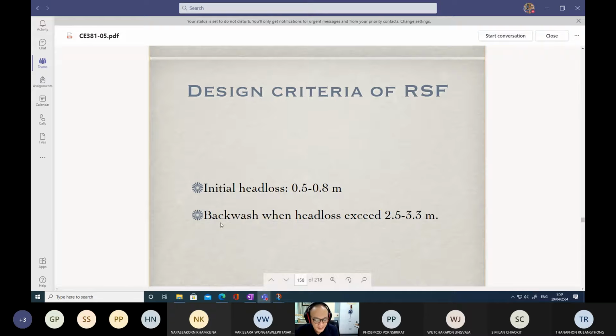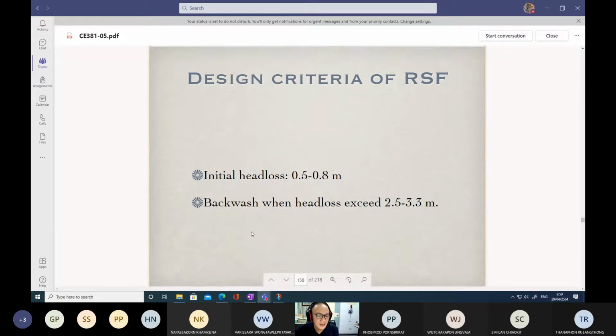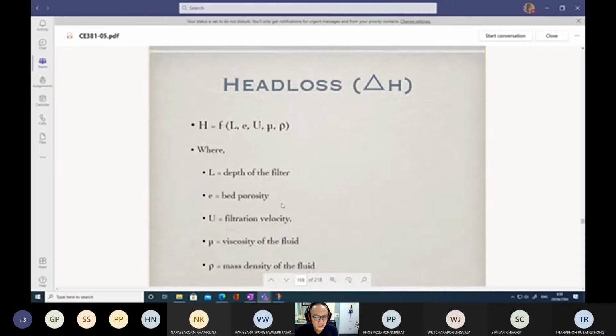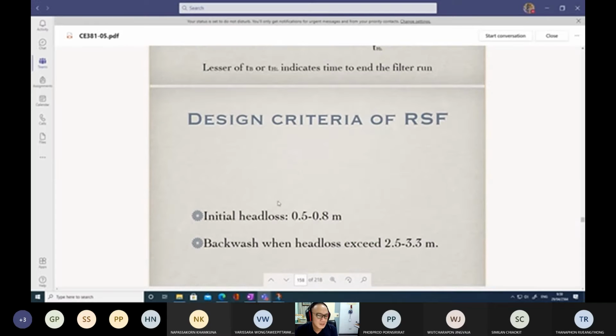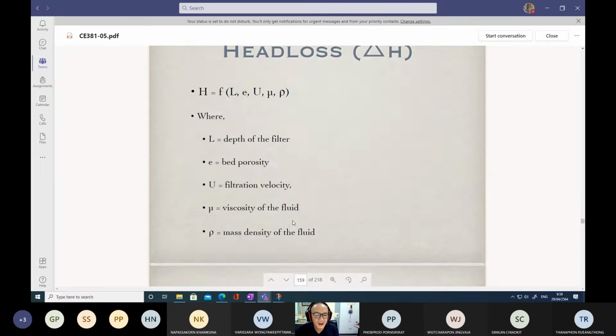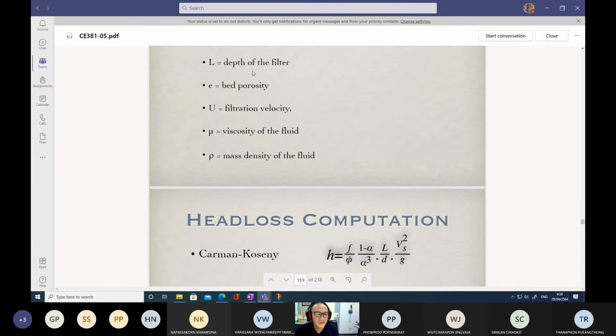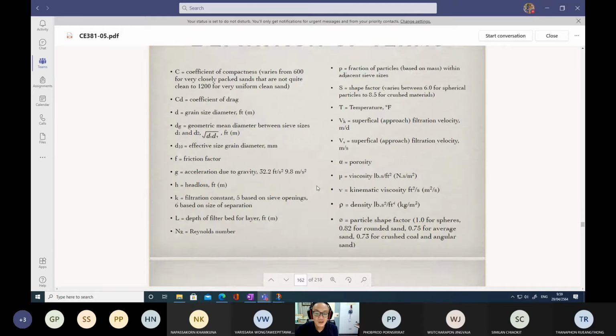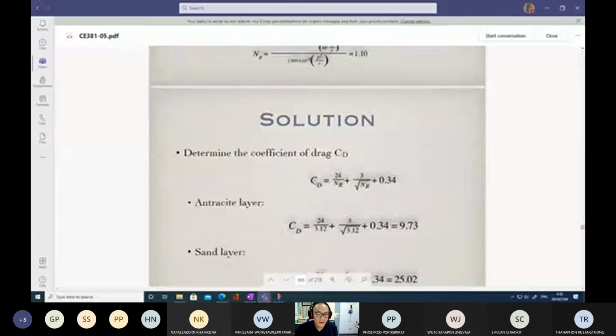So the head loss that we obtain is within this range, so it's acceptable, not too high and also not too low. Too low is actually good, but it may be because you provide a thin depth of layers, which is not very good in terms of solid removal efficiency or turbidity removal efficiency. So these are about the head loss determinations.